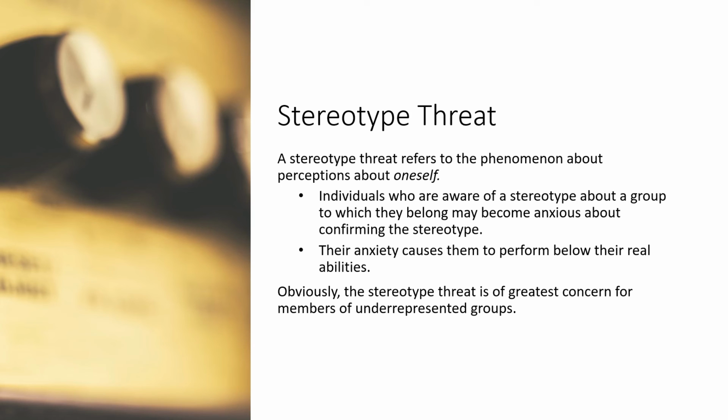Many girls believe that they can't do math as well as boys. This is an example of a belief about themselves, a stereotype, that threatens their ability to do math. This experiment showed that girls can do math as well as boys, if they're told so.